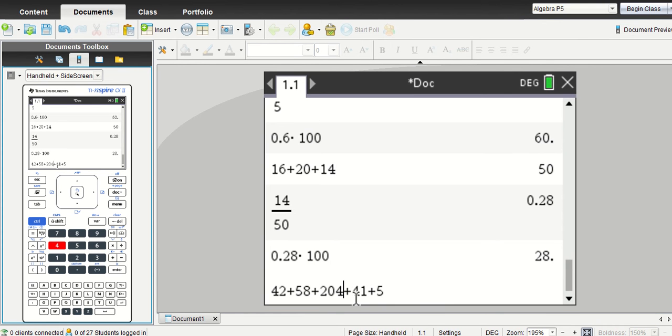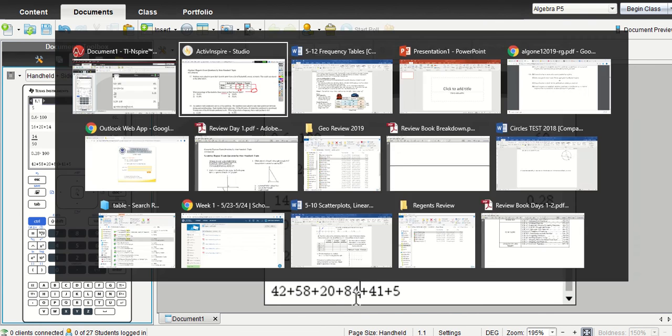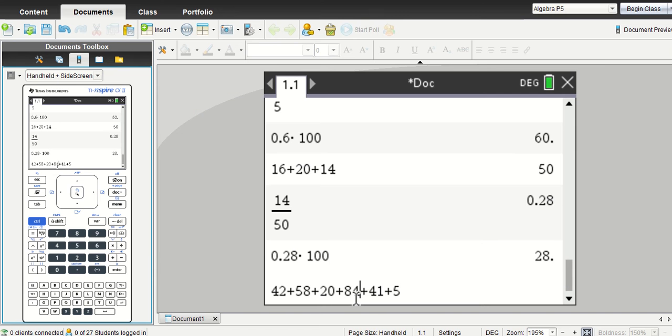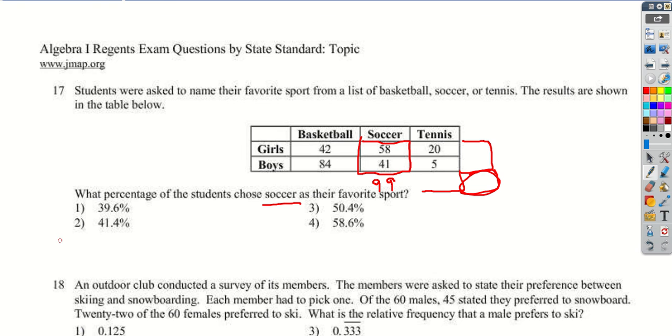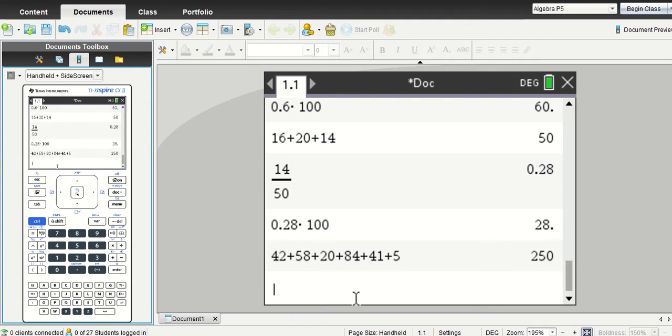That's why we're going to double check. Sorry for all the crazy typos here. 42, 58, 20, 84, 41, 5. That's 250. So we're talking about that 99 out of 250.